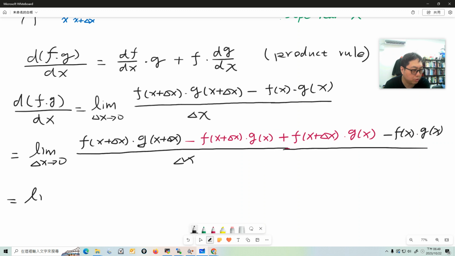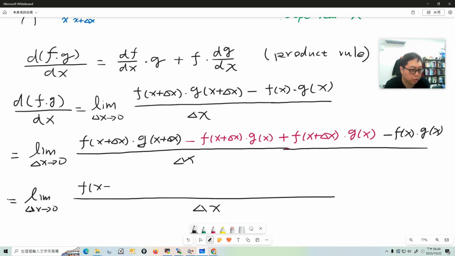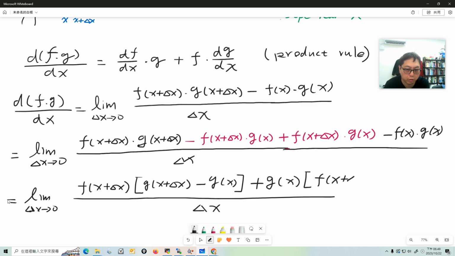So, the limit as delta x approaches 0, divided by delta x, of f of x plus delta x times g of x plus delta x minus g of x, plus g of x times f of x plus delta x minus f of x.